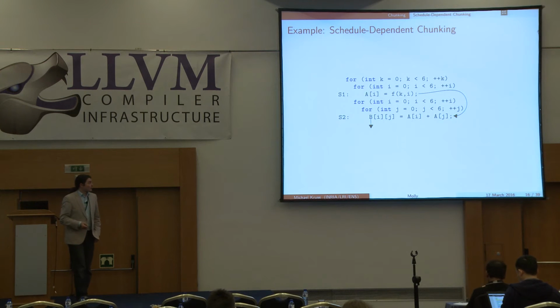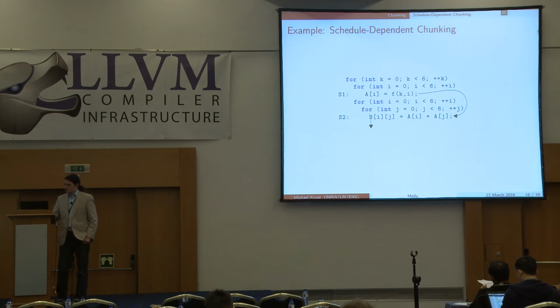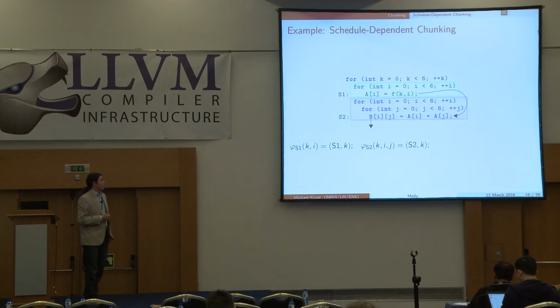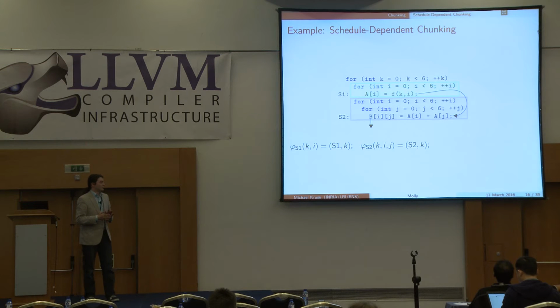As an example, we have this loop structure from before with two statements. We have the data of A that is used in statement 2, and we can easily see from this that we can chunk all the data of A together in one message and send it all together to statement 2.